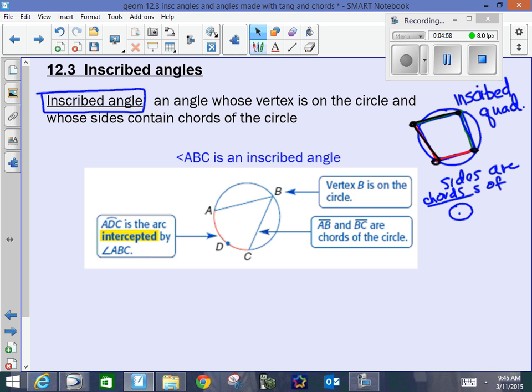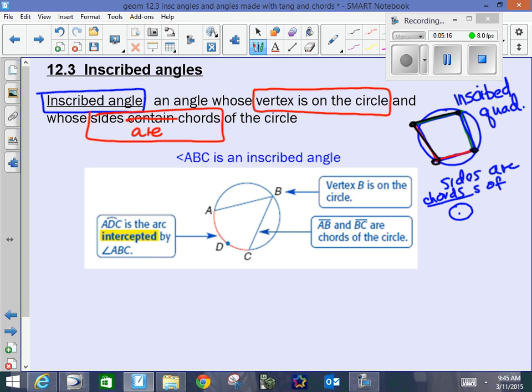It's an angle whose vertex is on the circle, and chord BC. Look at your vertex right here on the actual circle.